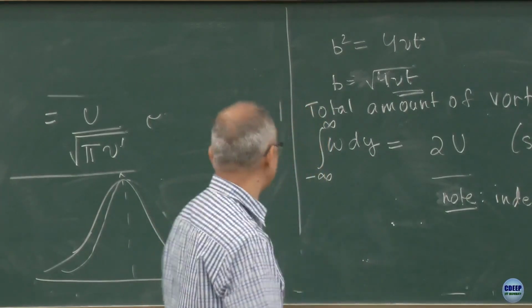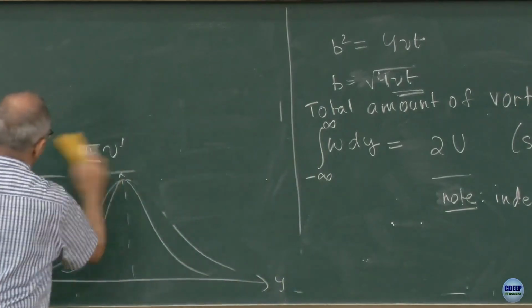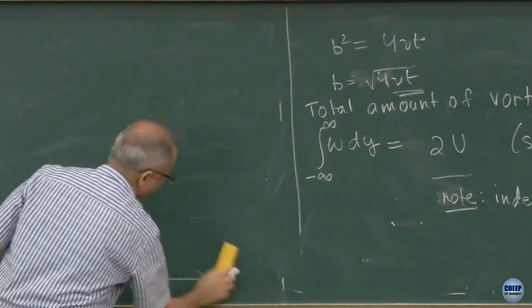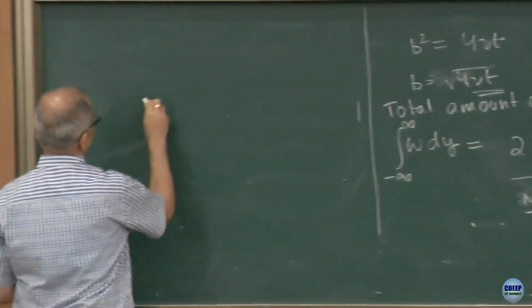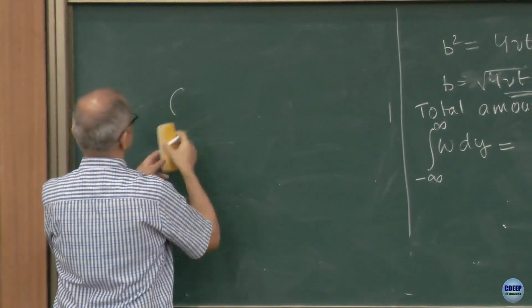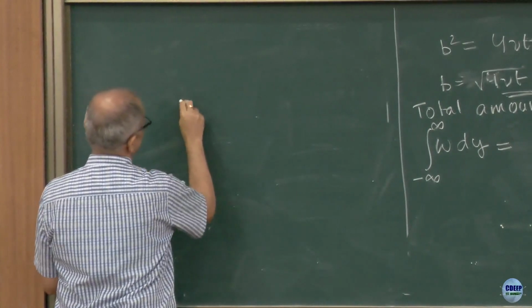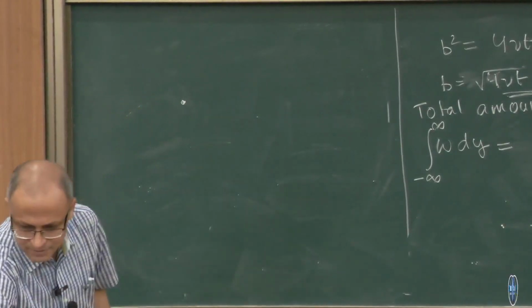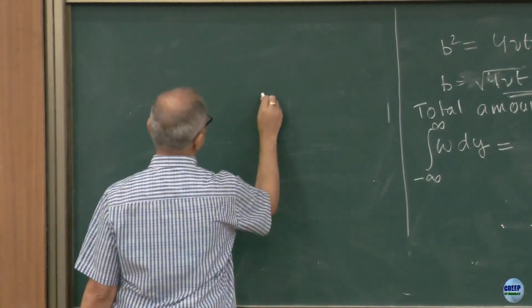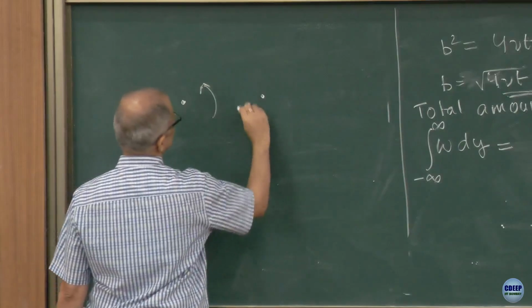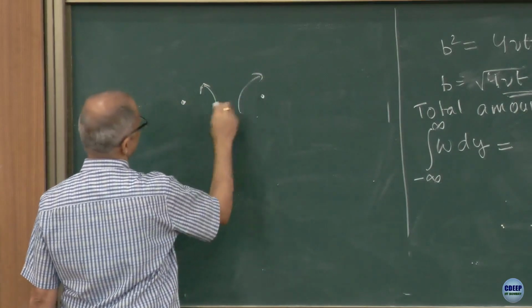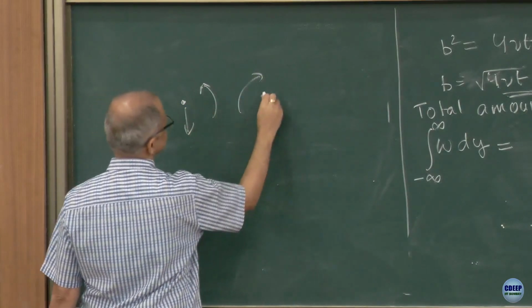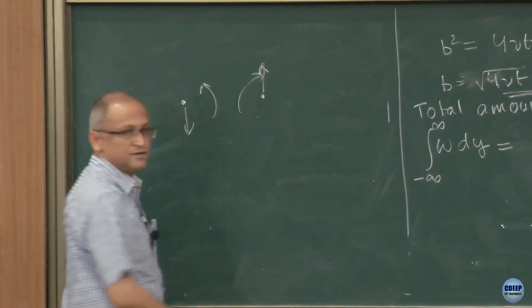Earlier, we said that there is one vortex here, let us say, and there's another vortex here, there is some rotation, and we ask how much is this velocity getting induced at the other point.